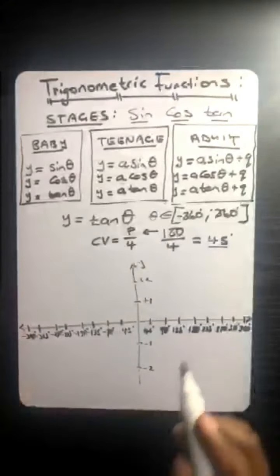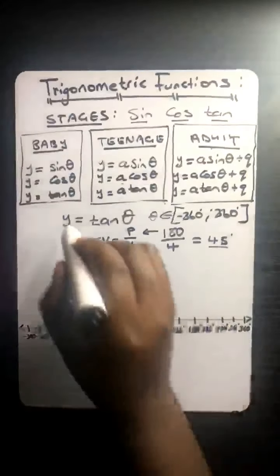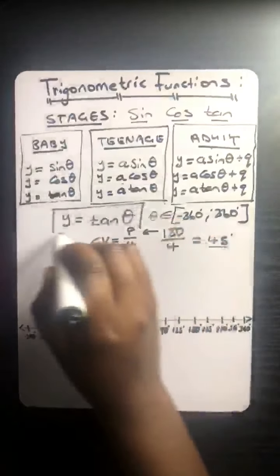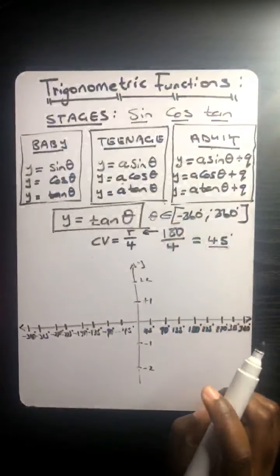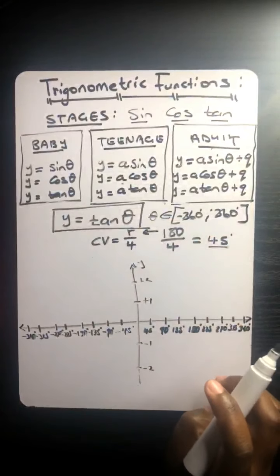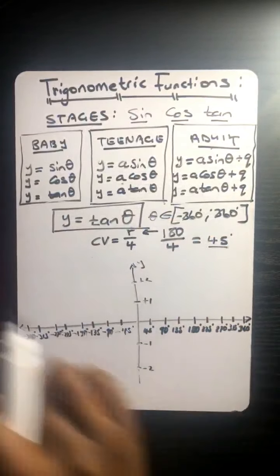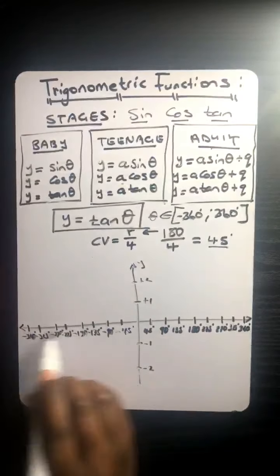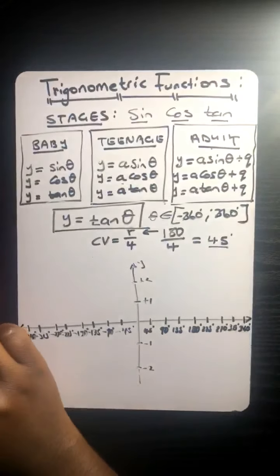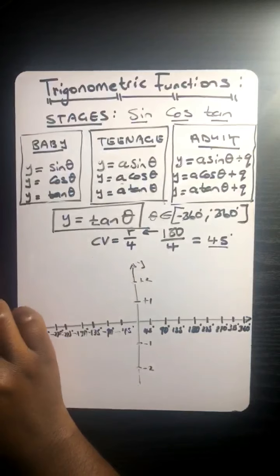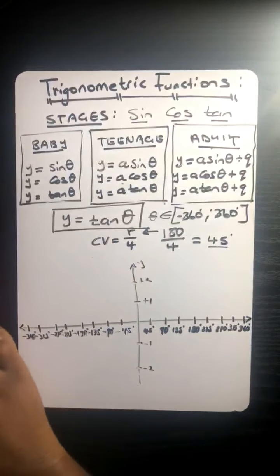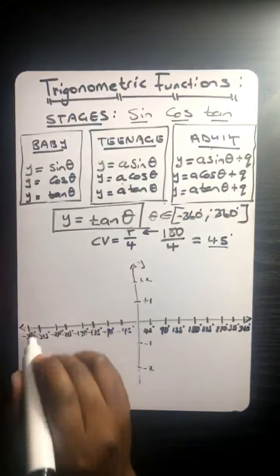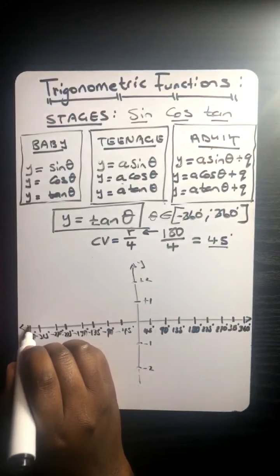Okay, then in that case, let's now try to make the points. So let's see. Obviously, we start from there going in that direction. Let's see. Starting at negative 360. What are we having there? I'm having 0 there.